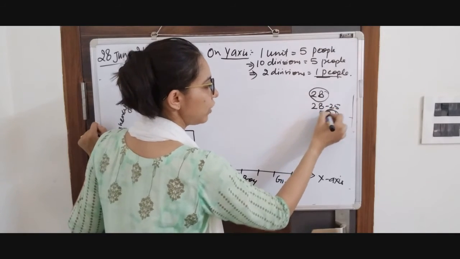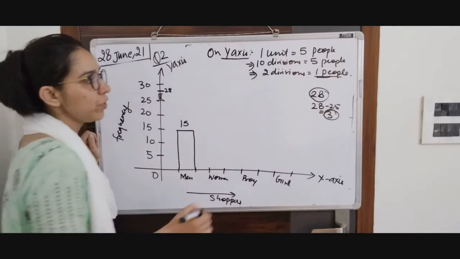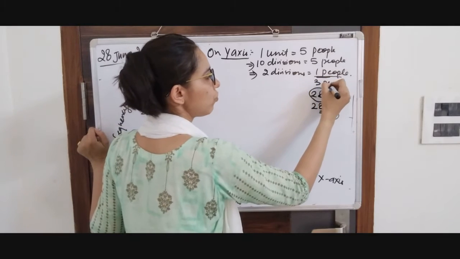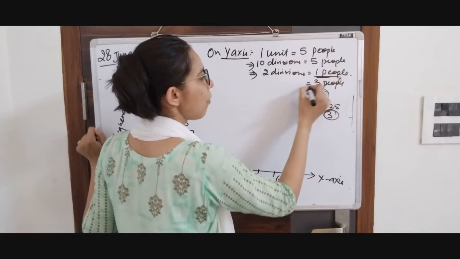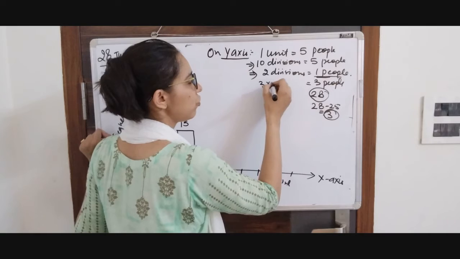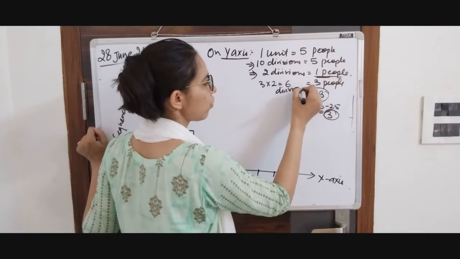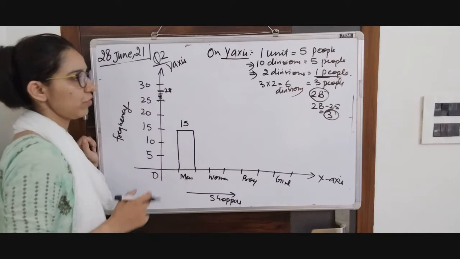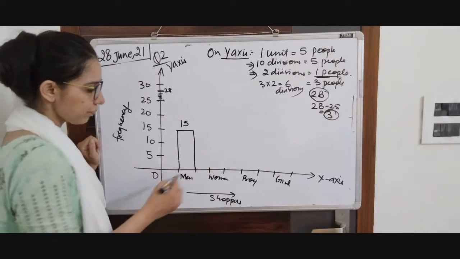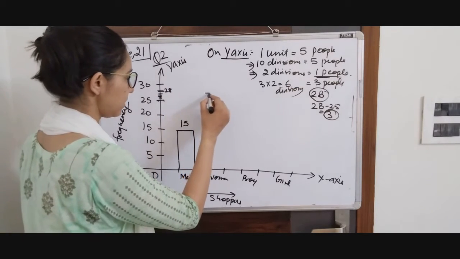After 25, I need to represent 3 more people. So 3 people are going to be represented by how many divisions? We multiply by 2, so it is going to be 6 divisions. So 6 divisions on your graph is going to represent your 28. So women is 28.